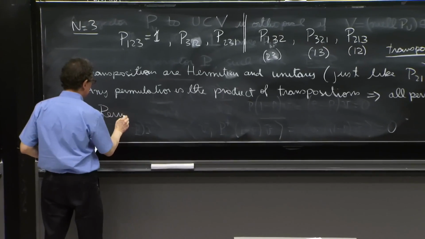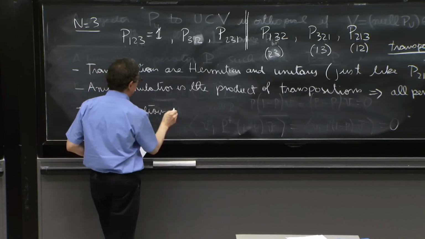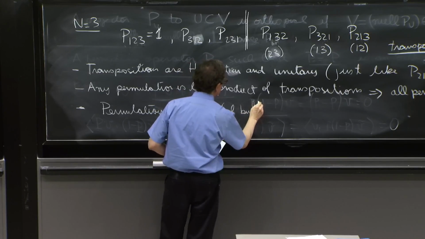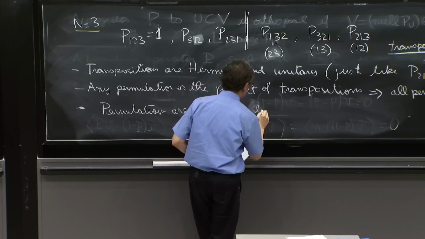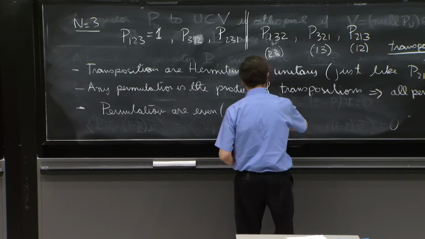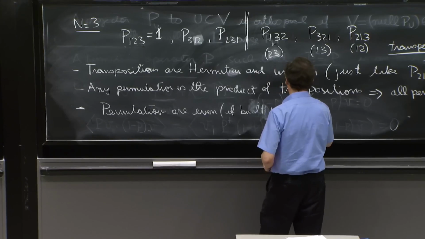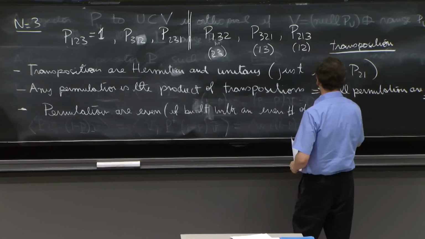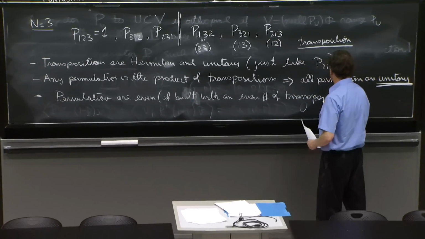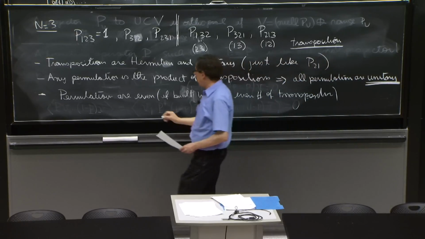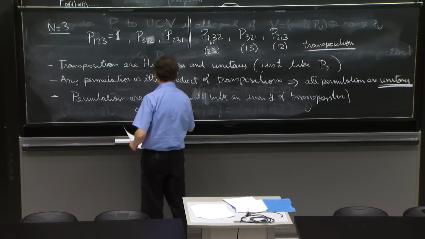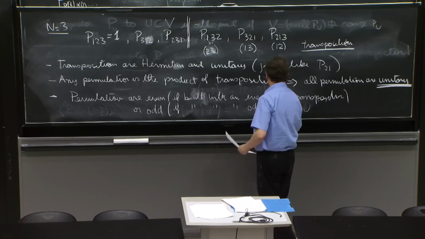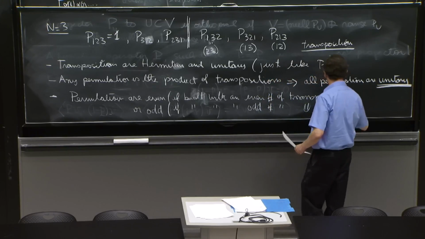So permutations are even if built with an even number of transpositions, and are odd if built with an odd number of transpositions.